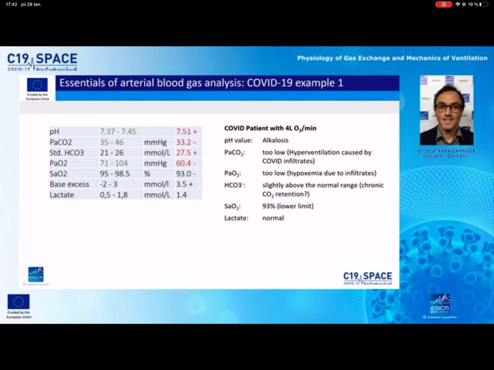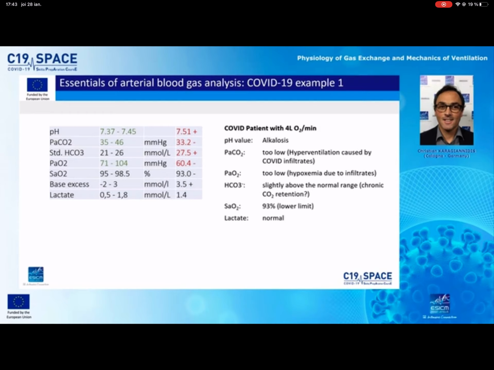The first one is a patient on the ward who is that sick that he needs 4 liters of oxygen per minute. And if you want to go through this blood gas analysis, you may start with the pH value. And with 7.51, the pH value is above the normal limit, which means that the patient is alkalotic. Why does that occur? The CO2 level is very low at 33.